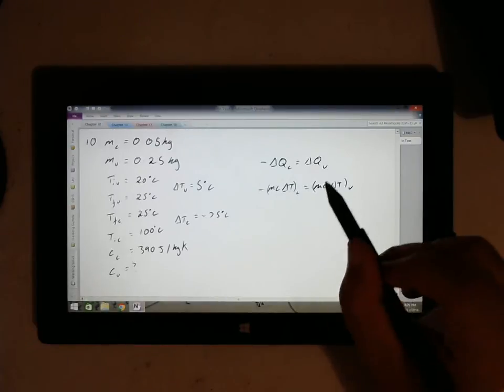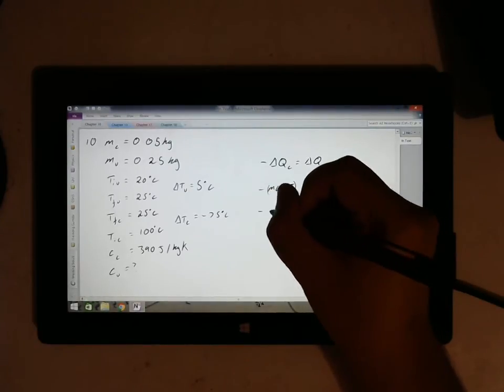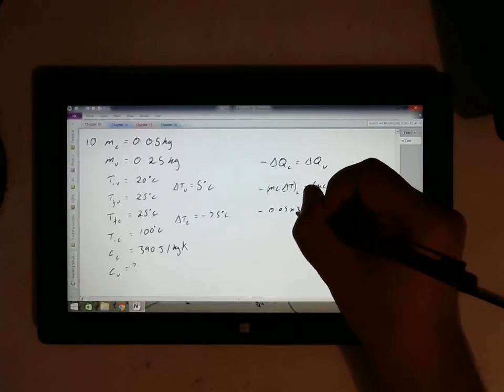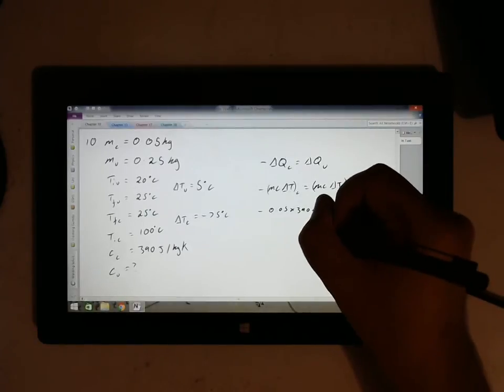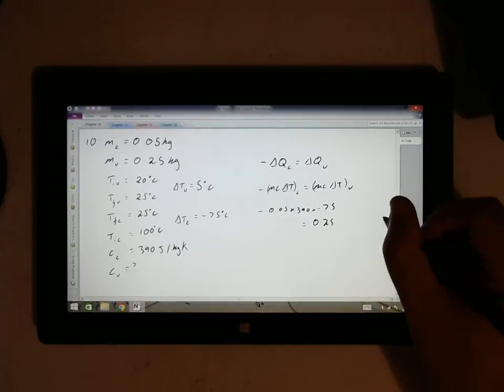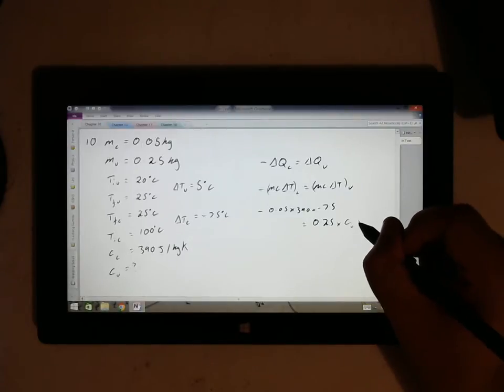So we have negative 0.05 times 390 times negative 75 equals 0.25, I'm just putting that on a second line so I don't run off space, times C, that's what we're trying to find, or Cu, times 5.